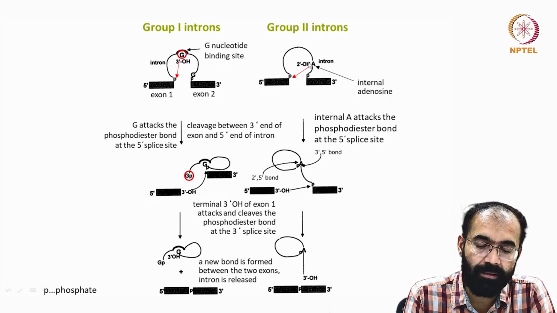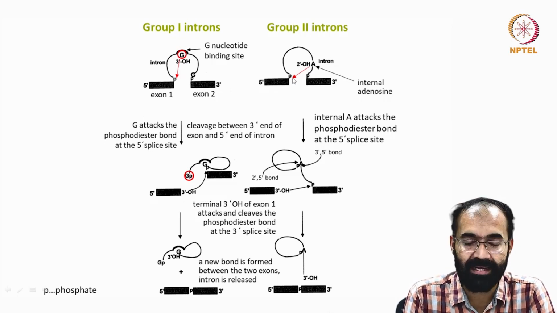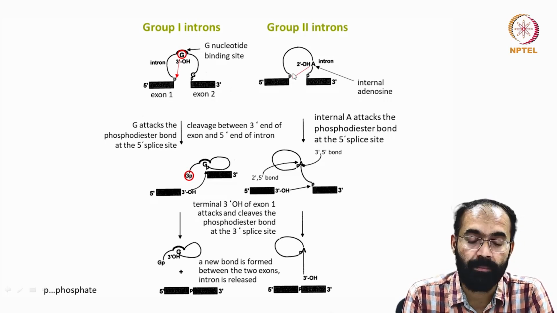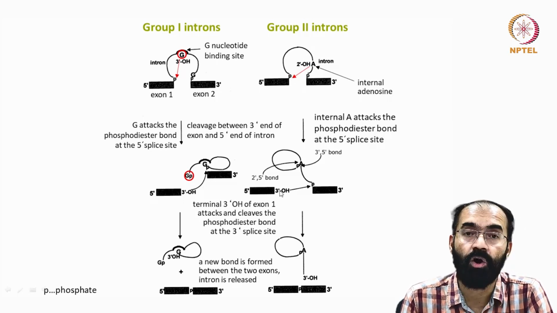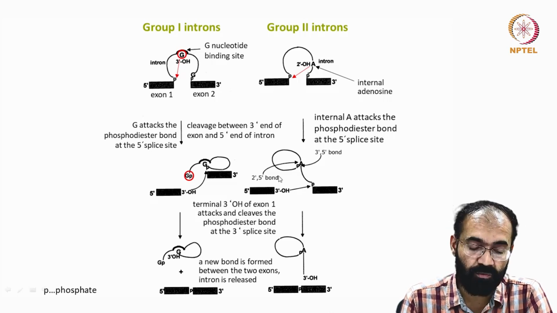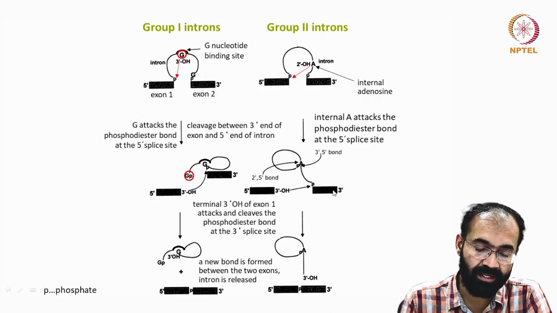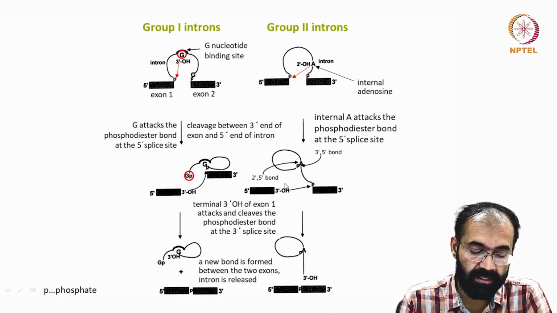So this 2' hydroxyl group participates in a similar nucleophilic attack onto the 5' end of the intron, releasing it from the exon and freeing the 3' OH of exon 1. This 3' OH undergoes a second nucleophilic attack onto the 5' end of exon 2, splicing exon 1 and exon 2, and you end up with an intron lariat that will be released.